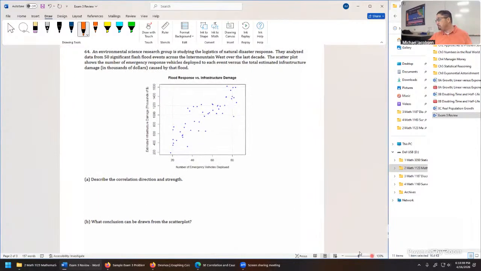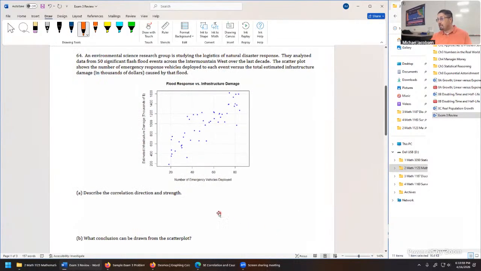This was the number of emergency vehicles deployed on the horizontal axis, going from just below 20 to just above 80 vehicles for one flash flood. That's a pretty big response. And on this axis, going vertically, is the estimated infrastructure damage in thousands of dollars. So that's the context so far.